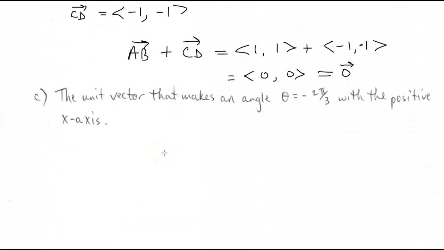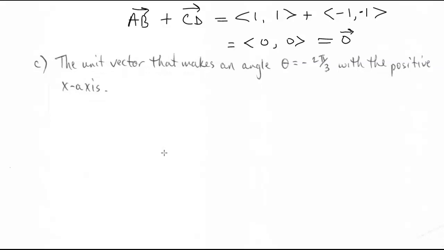All right, so for the next example, it's a little different. We want to find the unit vector that makes an angle of -2π/3 radians with the positive x-axis.